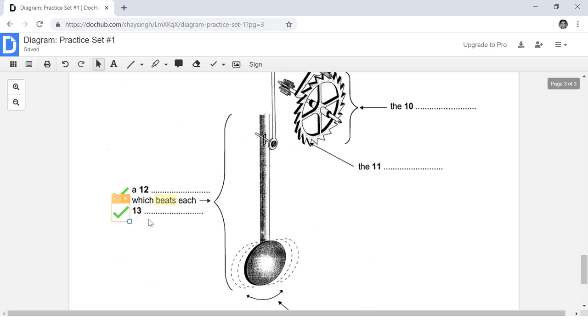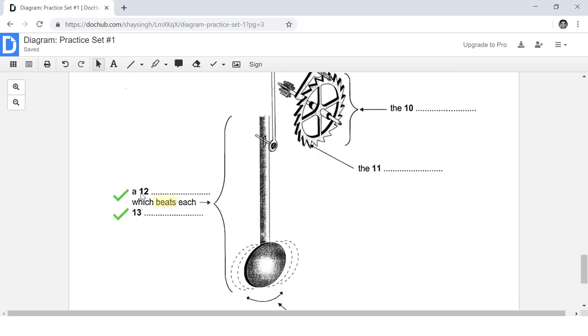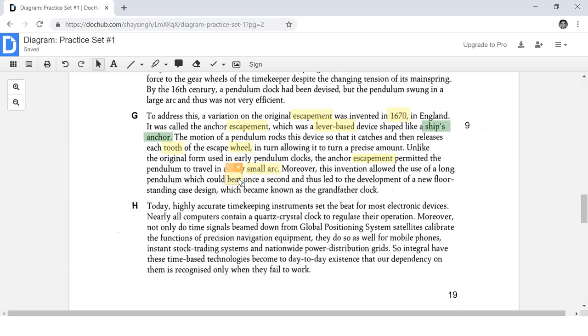Now let's move on down to number 12, where it mentions beat. And the question says, a dash, this is going to be something, a noun, a dash which beats each what? Let's find out. We have the word beat down here. So let's read this sentence. It says, moreover, this invention allowed the use of a long pendulum which could beat once a second.